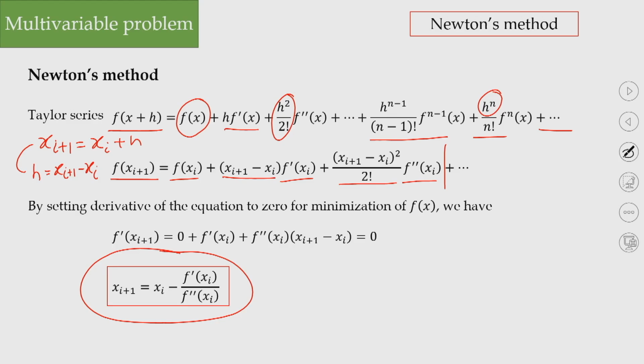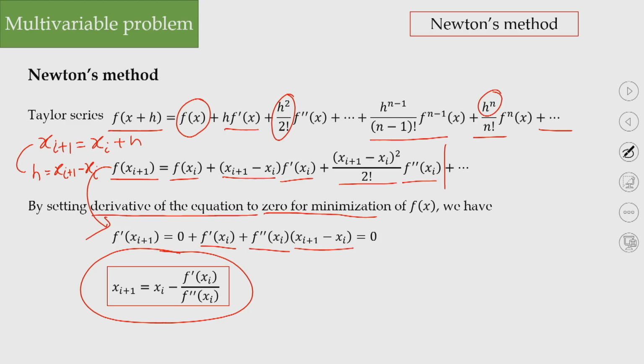Now, I would like to find out the optimal solution. So, if I apply the necessary condition, that means I will calculate the derivative and equate it to 0 for minimization of f x. So, if I take the derivative of this particular function, I am getting f dash x I plus 1 which is equal to 0 plus f dash x I plus f double dash x I times x I plus 1 minus x I. So, this must be equal to 0.